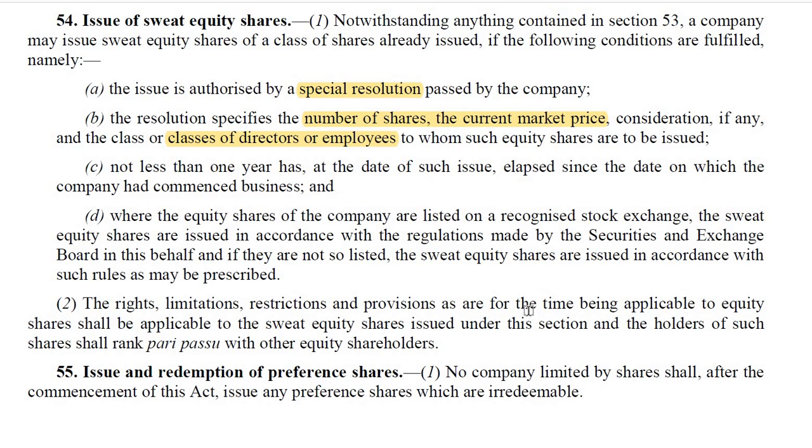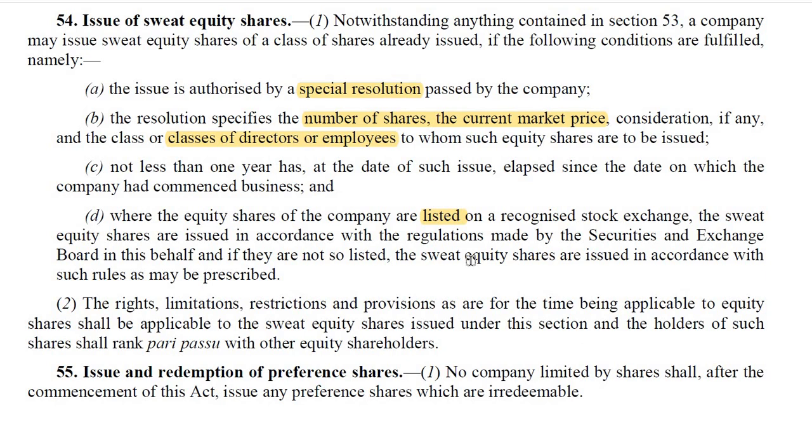Not less than 1 year has at the date of such issue elapsed since the date on which the company had commenced business, and where the equity shares of the company are listed on a recognized stock exchange, the sweat equity shares are issued in accordance with the regulations made by the Securities and Exchange Board in this behalf, and if they are not so listed, the sweat equity shares are issued in accordance with such rules as may be prescribed.